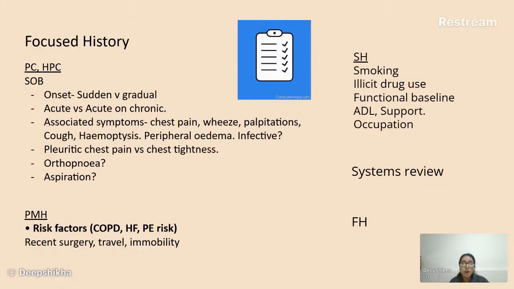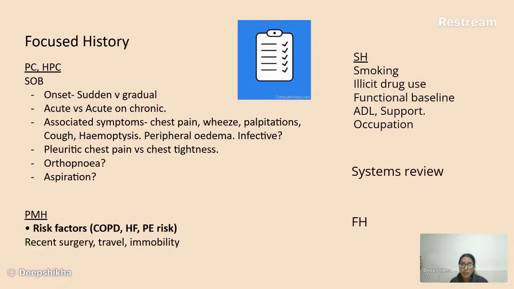Pleuritic chest pain is common in pneumonia, also in PE. And orthopnea, depending on where you are in your clinical situation, for example on the wards or GP, just ask them, have you ever had shortness of breath at nighttime, gasping for air in the middle of the night?